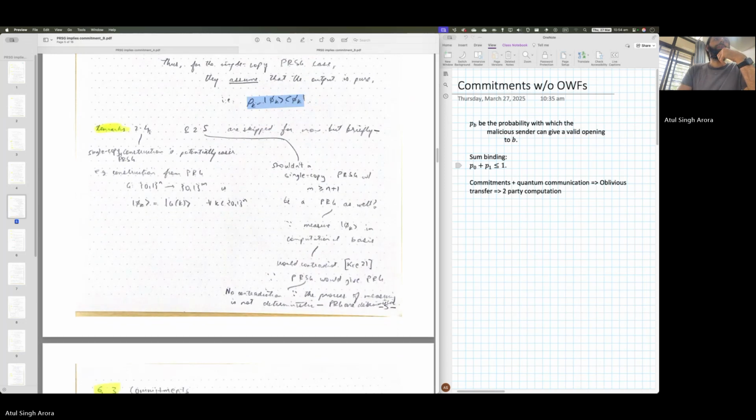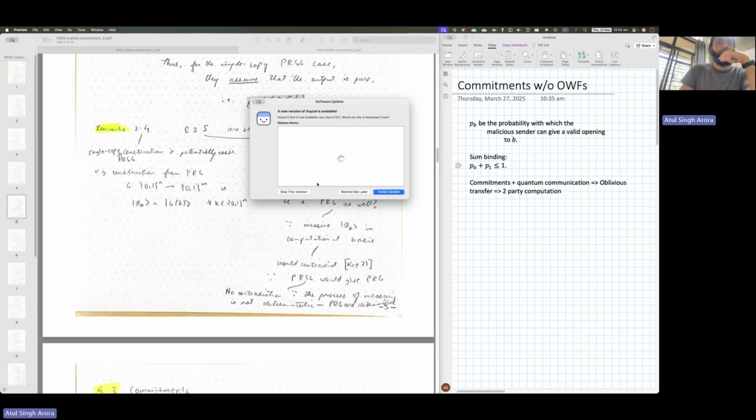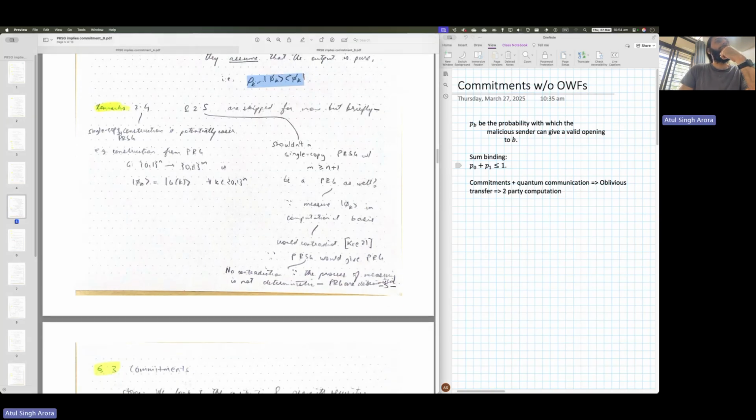Okay, there were two small remarks. The first remark is that a single copy PRSG construction is potentially easier than doing a multi-copy, or the standard, PRSG. One can do a construction essentially just assuming a PRG, for example.